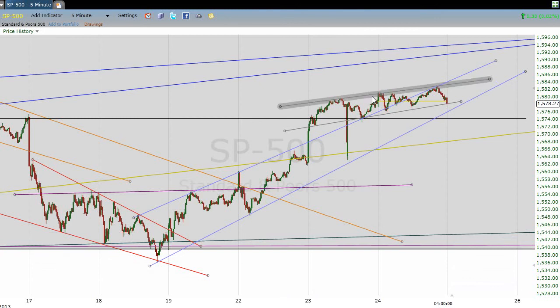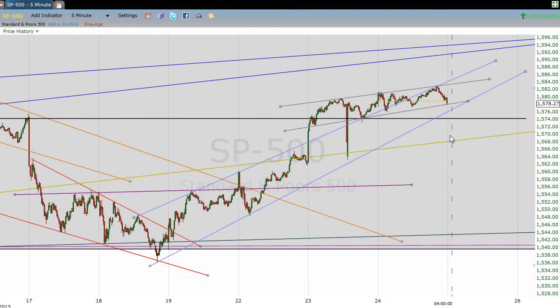So for that reason, I'm pointing out this little line of resistance and what appears to be this little line of support right here. So if this line goes, then we're probably going to come down and check this line out. And if that goes, then we should be coming down and putting more test on that yellow support line that did break, but now we've regained.